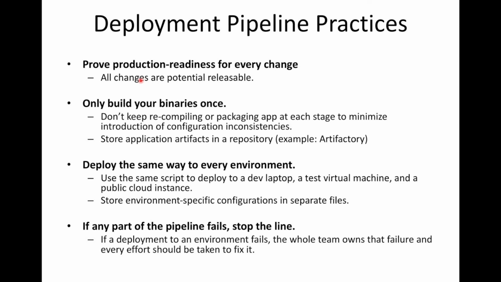You want that deployment process to work exactly the same way in each one of those environments, because you're not just testing your code, you're actually using a deployment pipeline to test your deployment process as well. So you not only have assurance that your code is production worthy, you have great assurance that your deployment process will work when you need it to.